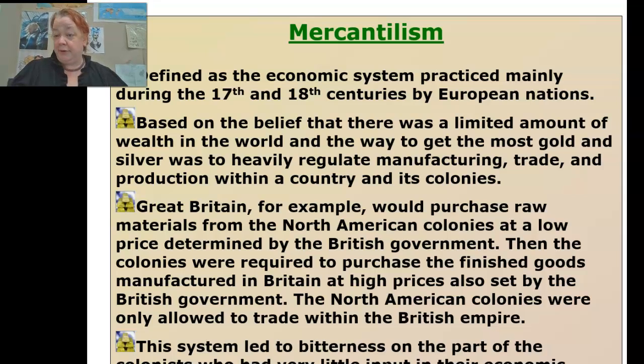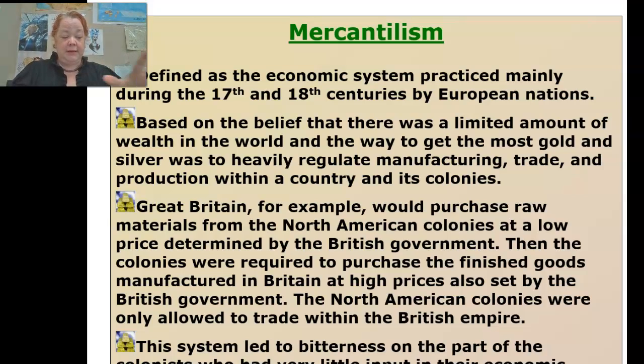So you may remember, this is why the Industrial Revolution, which started in Britain, went much better for the British and the Americans than it did for the French, because the French were under this same mentality that there's a finite amount of wealth in the world, and they need to hoard it.